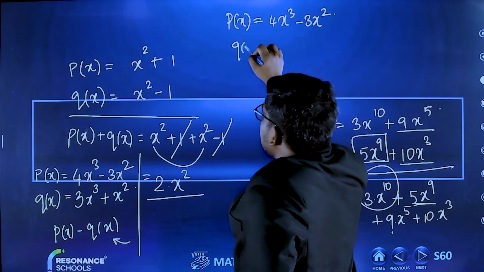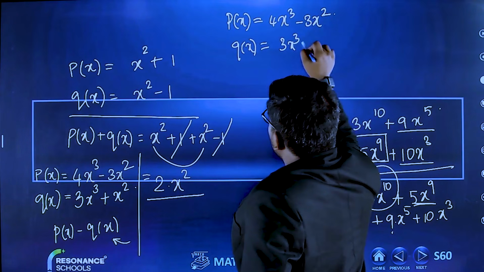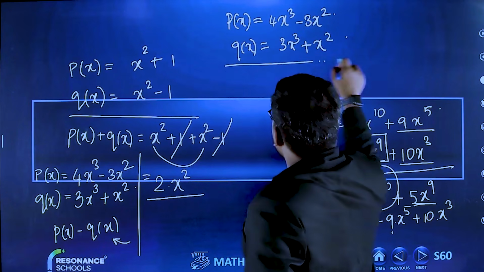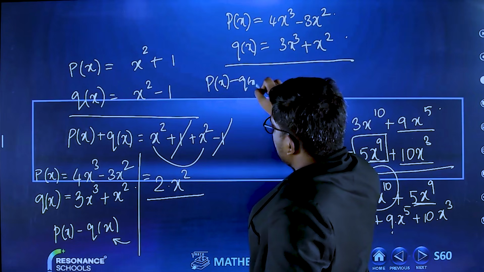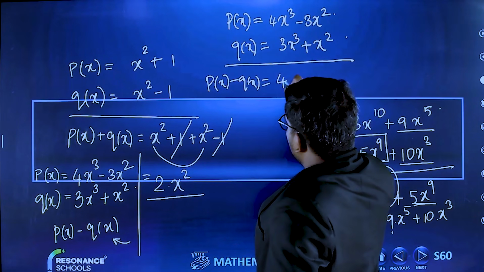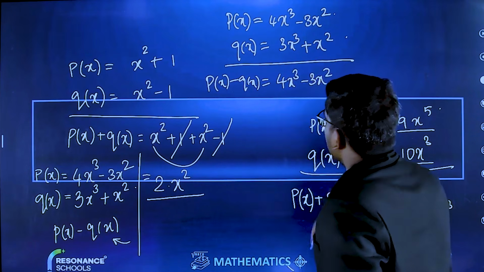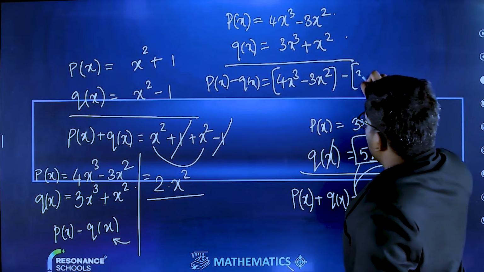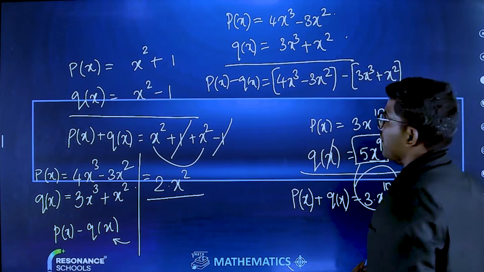Q of x is 3x cubed plus x square. Now, if I need to subtract them, p of x minus q of x, it will be 4x cubed minus 3x square. This is p of x, minus q of x will be 3x cubed plus x square, right?